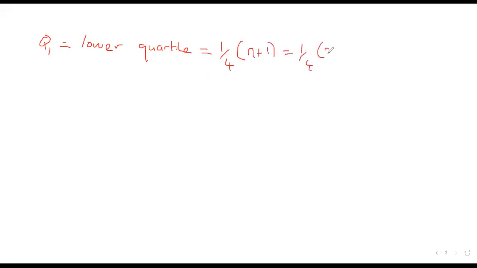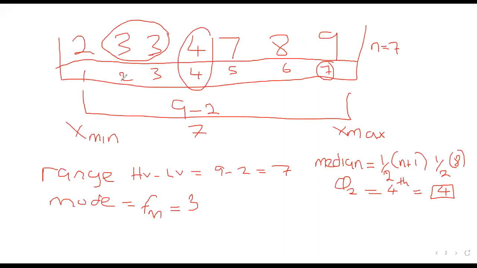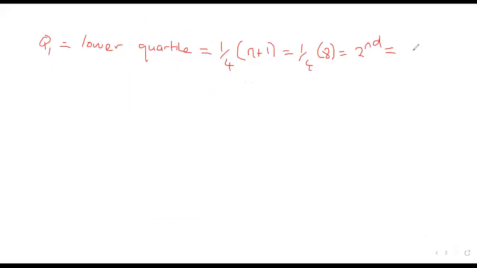The second number, position 2, is what we get when we arrange them. The second position here is 3. So this is Q1, which is the lower quartile.